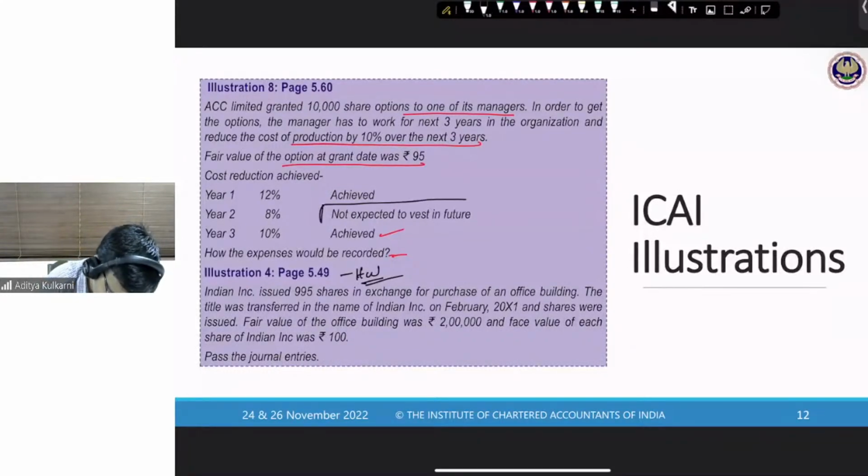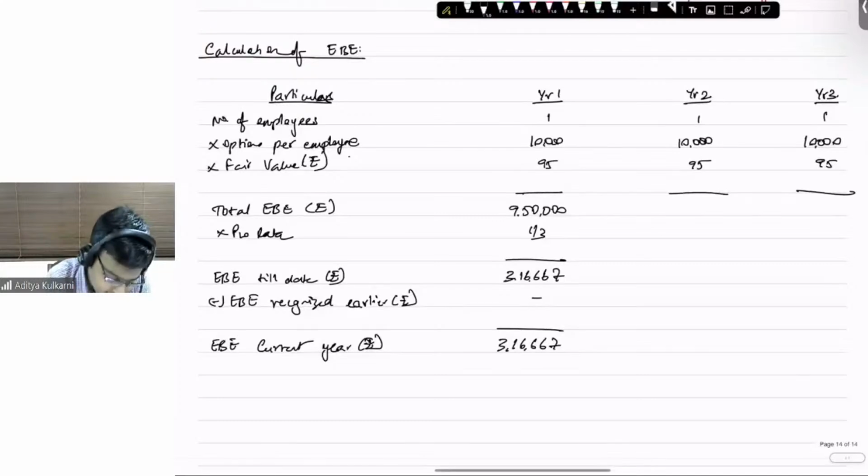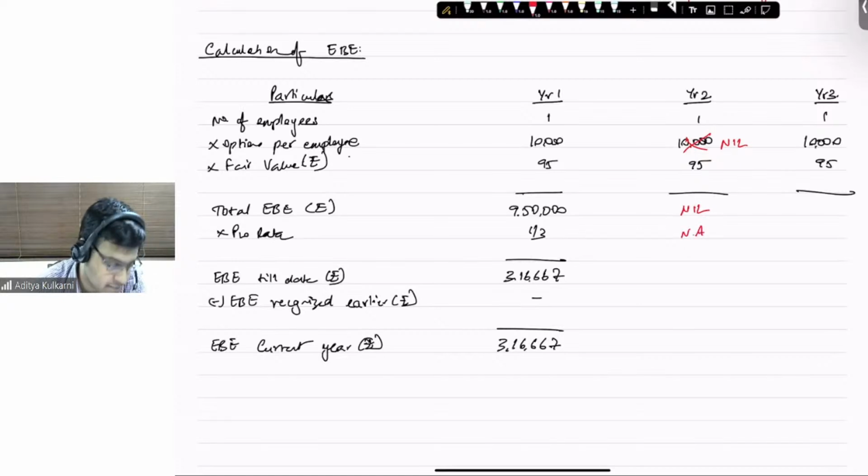And because it is expected not to be vested, can you reverse the expenses already recognized? Definitely you can. So therefore, this is going to be 0. And then this is 0. Pro rata not applicable.